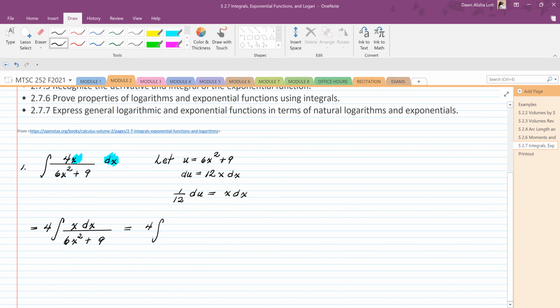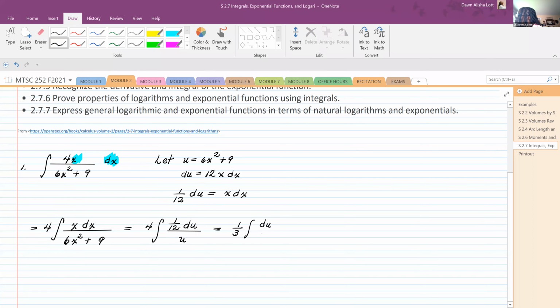You will have 1 over 12 du over u. All right, so now the 1 over 12 comes out and gives me 1/3 the integral of du over u.